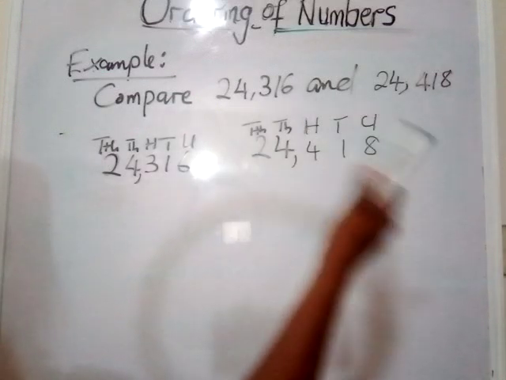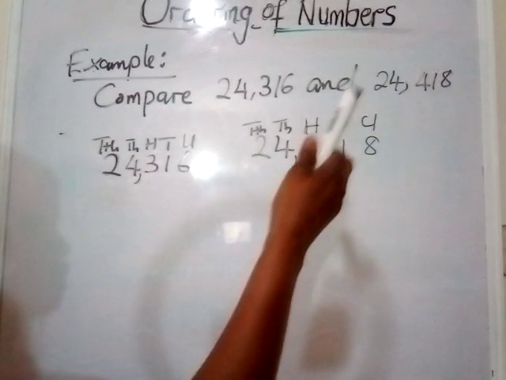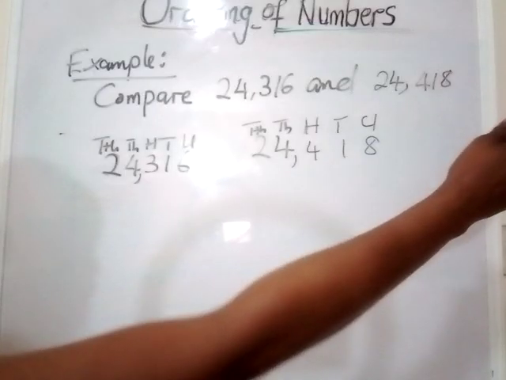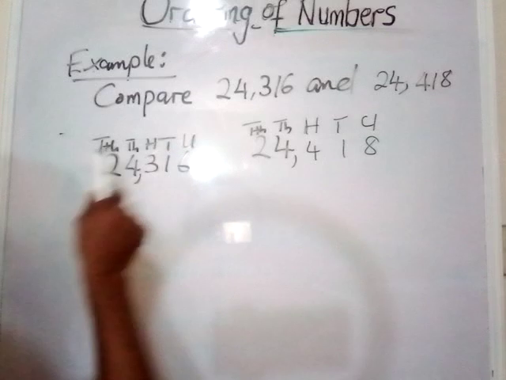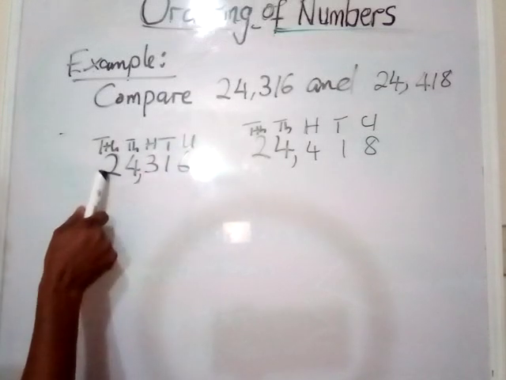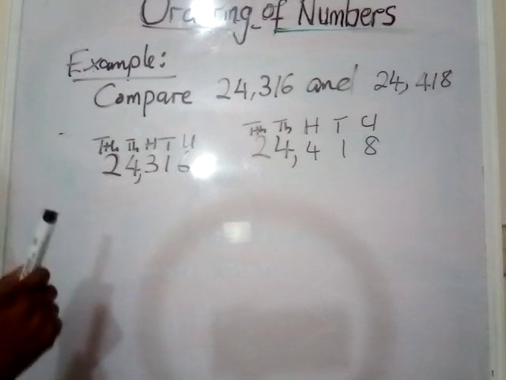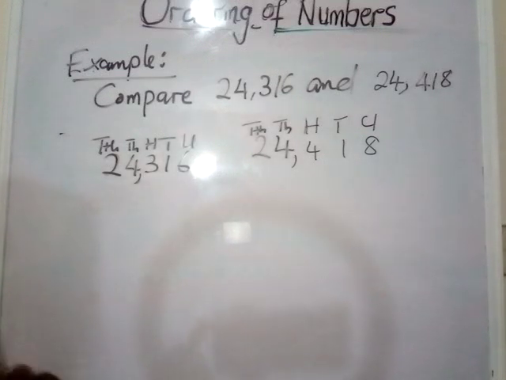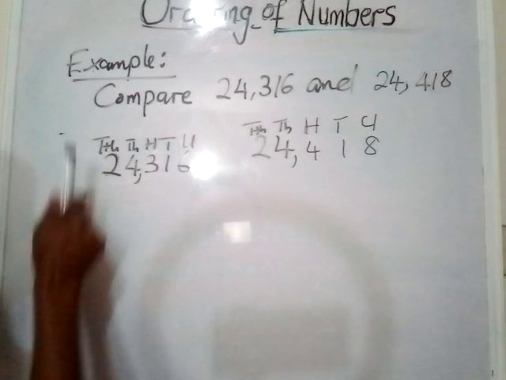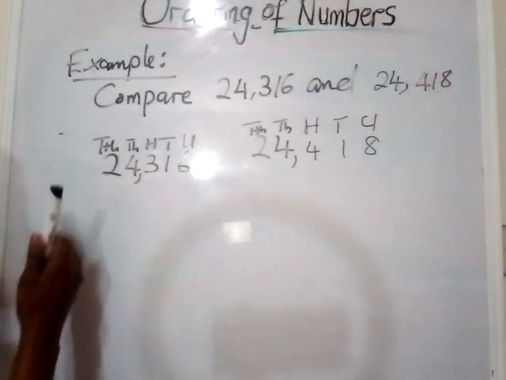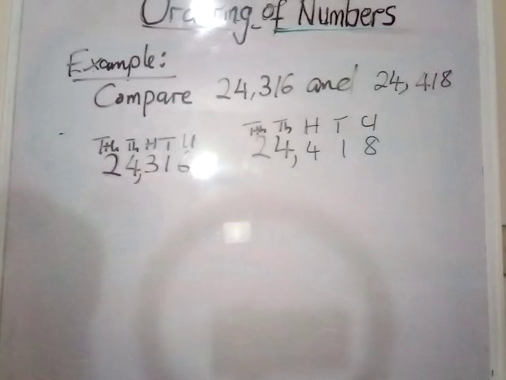The one from the extreme right has the lowest value. That's why unit, from the right end, has the lowest value. And in this case, tens of thousand, which is at the extreme left, has the biggest value. So whenever you want to compare two numbers, start from the extreme left. Start checking from the largest unit end or the largest value end.